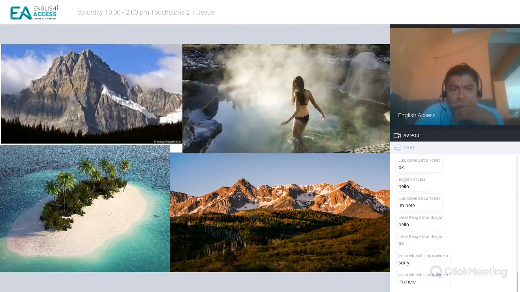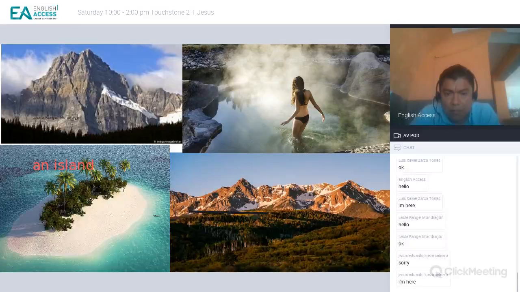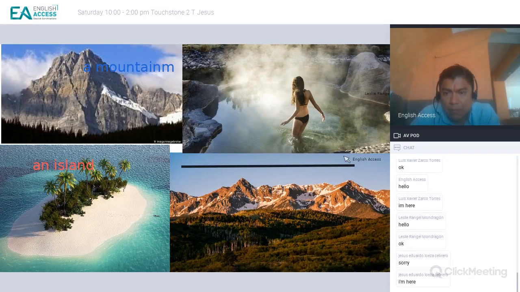Next pictures. What do you see in picture 1? Picture 2, 3, and 4. What do you see? Okay.